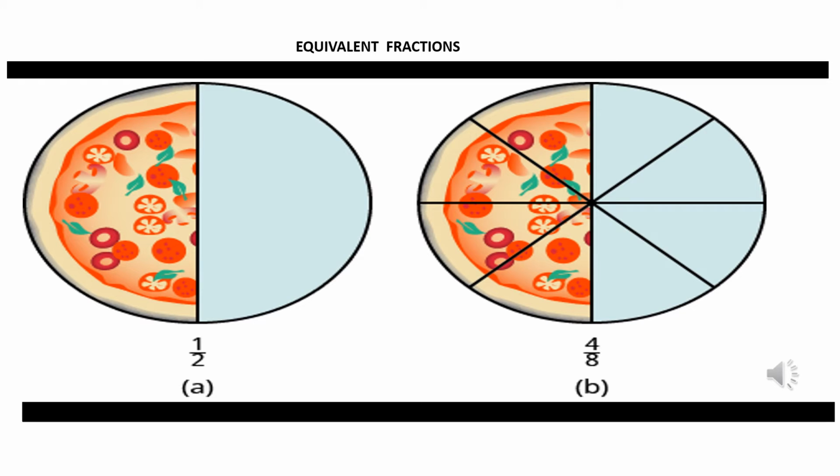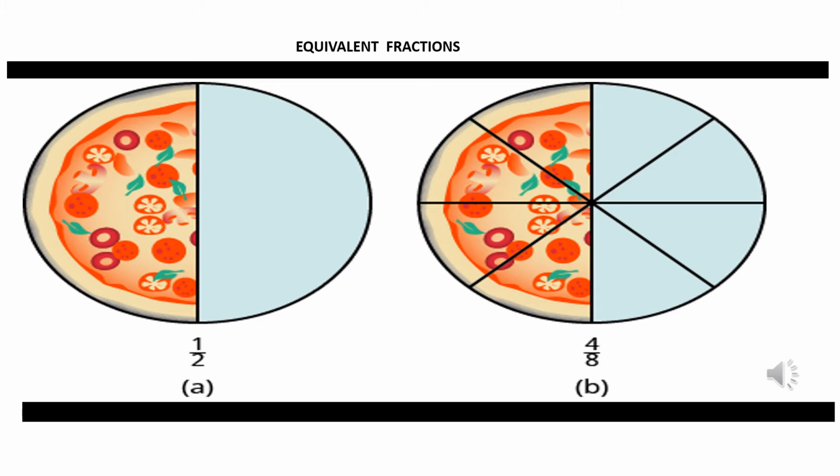Let us take another example. 3 by 5. This is the fraction 3 by 5. Let us find the equivalent fractions of 3 by 5. We will multiply both the numerator and the denominator by 2, and we will get the first equivalent fraction of 3 by 5, which is 6 by 10.